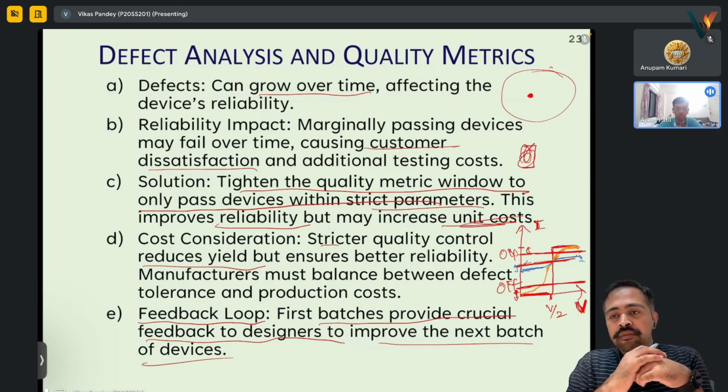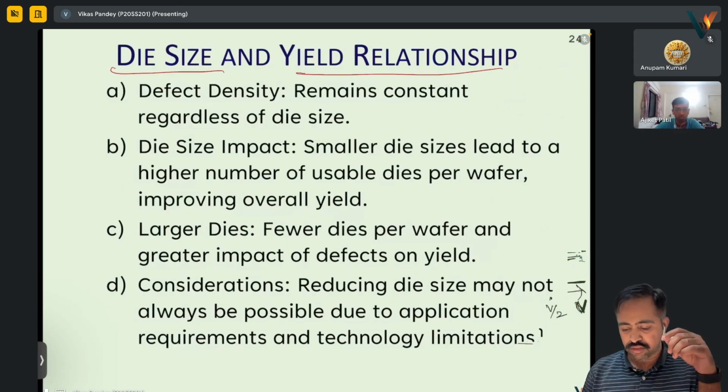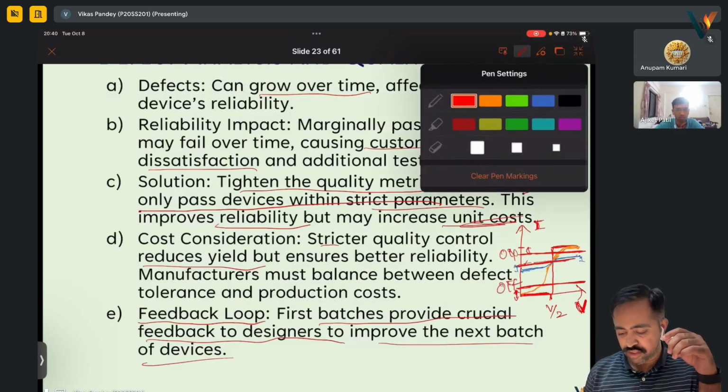Then the blue line was not a good device. We reduced the inference space. So how does reducing the tolerance limit eliminate the blue device while still keeping the orange device? I think I should use a different color here.